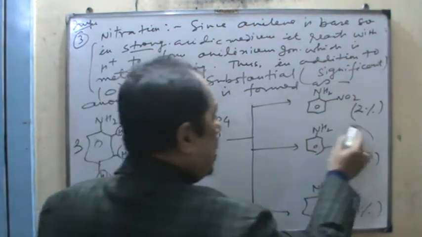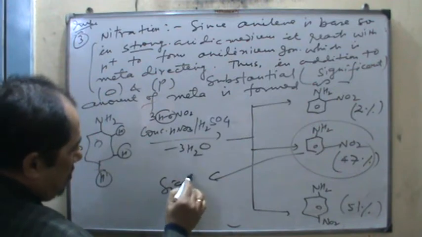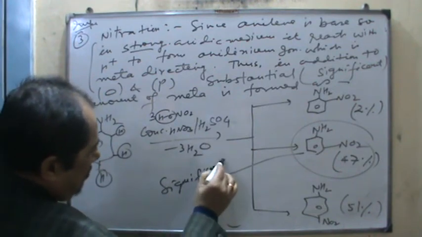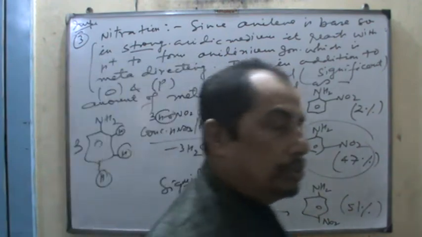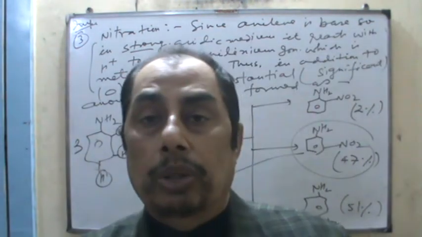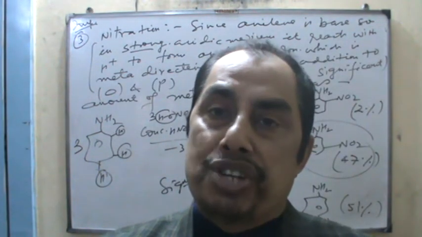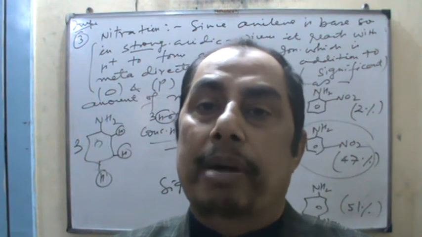So a substantial or significant amount of meta is produced. A question comes sometimes in paper that aniline is although an ortho and para directing group, but why does it form a significant amount of meta?